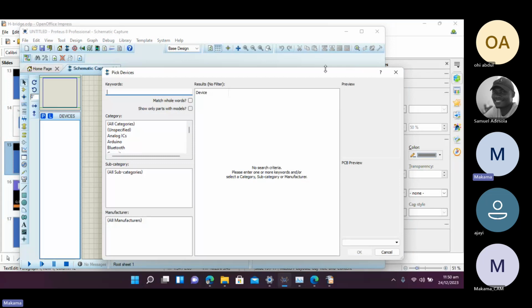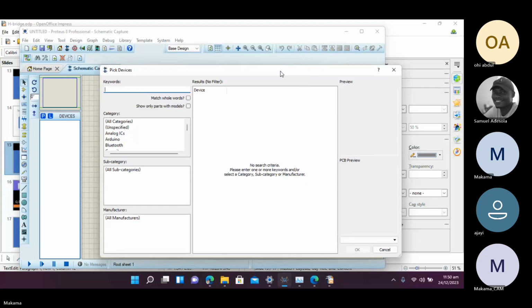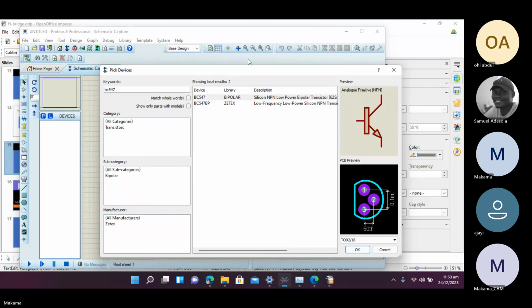To power your motor, the best way is to make use of a combination of a diode, the motor itself, the source, and a transistor, because this will provide you the best way of powering your motor. Let's take a transistor, BZ527, the most common one.